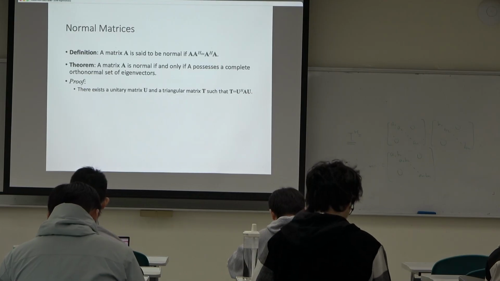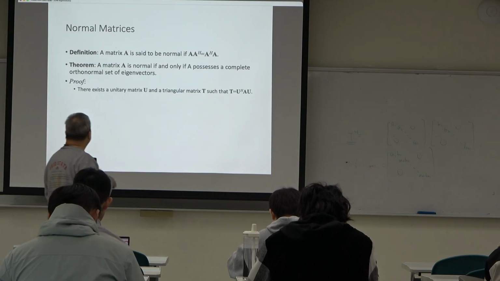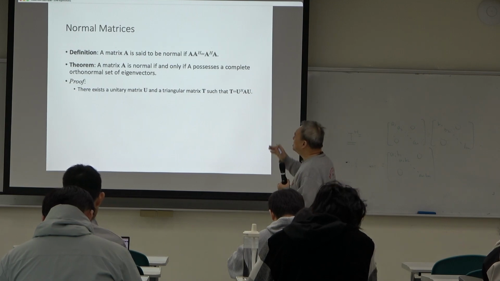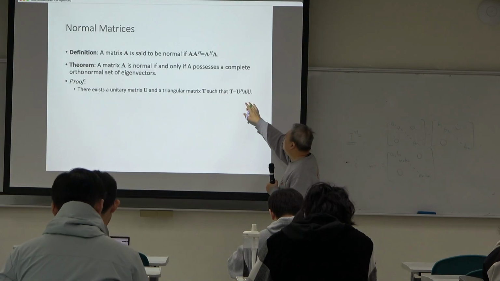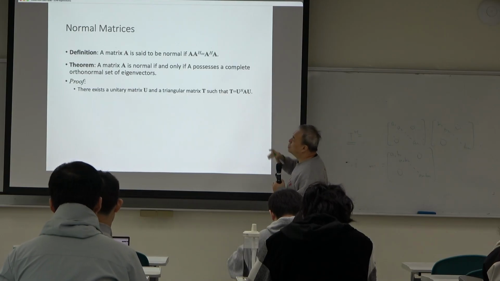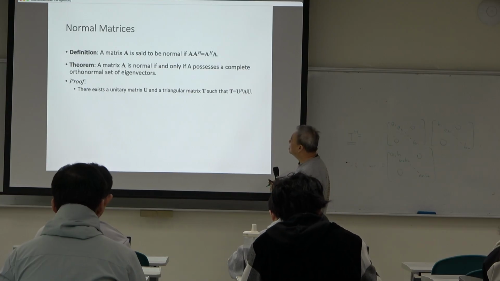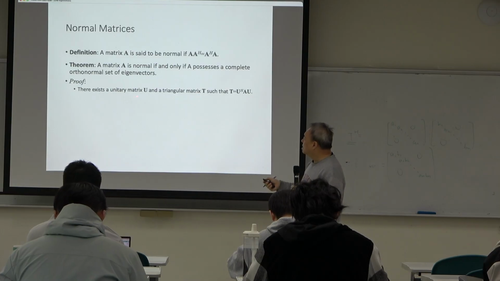So if a matrix possesses a complete orthonormal set of eigenvectors, we have T equal to U^HAU.